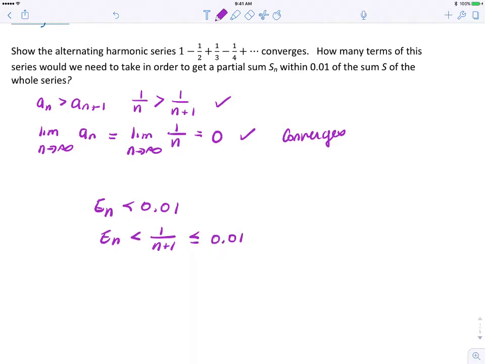So solving for n, we multiply by n plus 1 on both sides and divide by 0.01. Swapping sides, I get n plus 1 is greater than or equal to 1 over 1/100th, which is 100. So subtracting 1, n has to be greater than or equal to 99. So we would need the 99th partial sum to be within 1/100th of the actual answer.